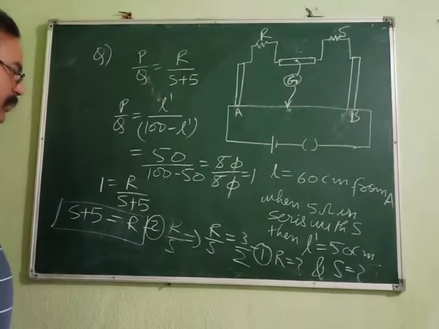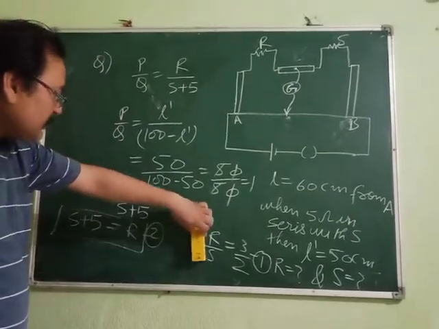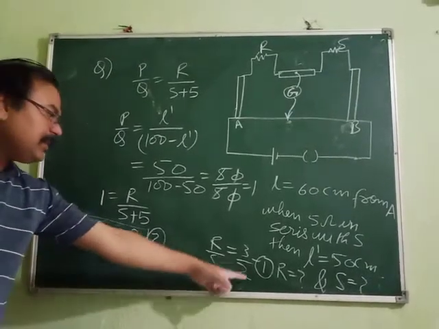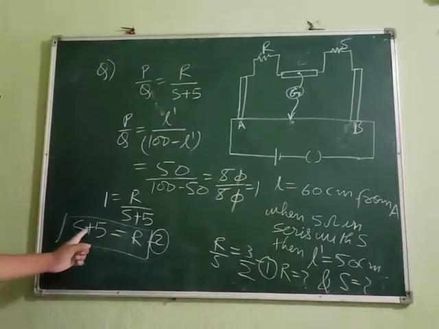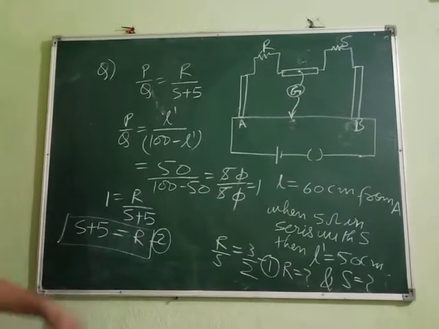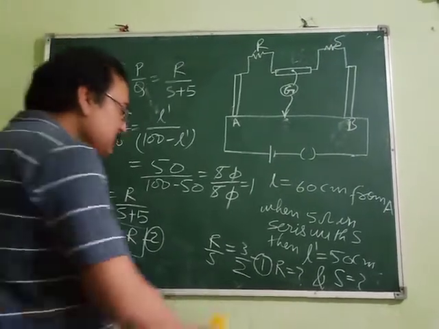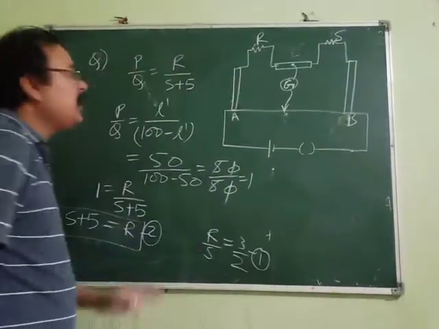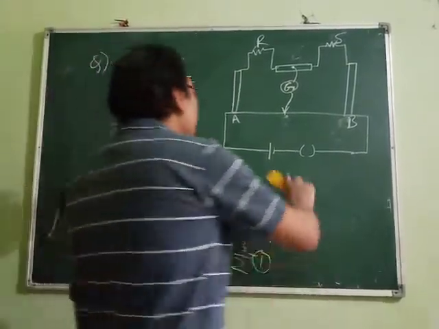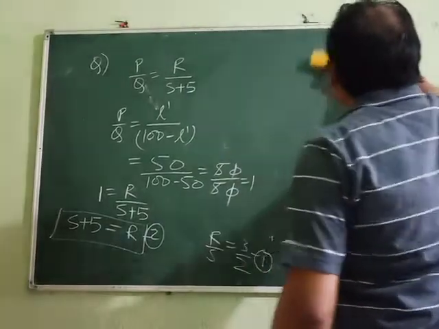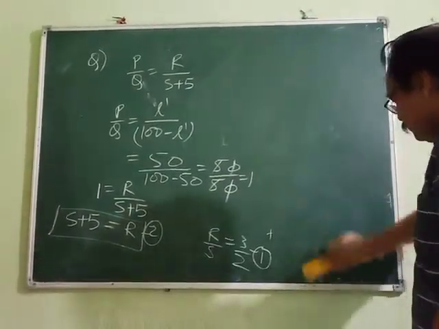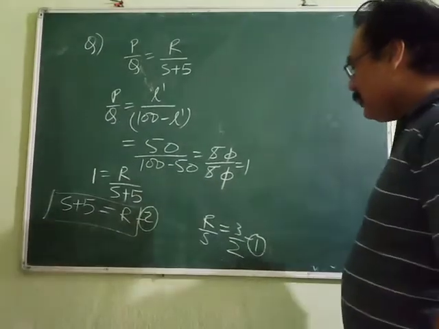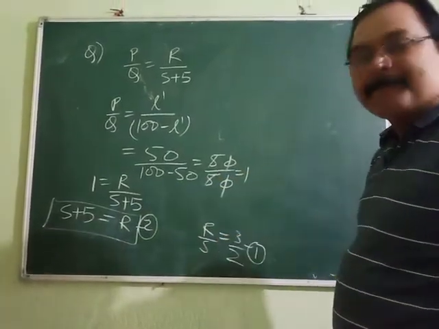We got equation 1 as well as equation 2. Equation 1 is R by S is 3 by 2, and equation 2 is R is equal to S plus 5. Now there are 2 equations and 2 unknowns. Can we find them out? I think I can remove the diagram now. We can put that value of R here, or we can do one thing.